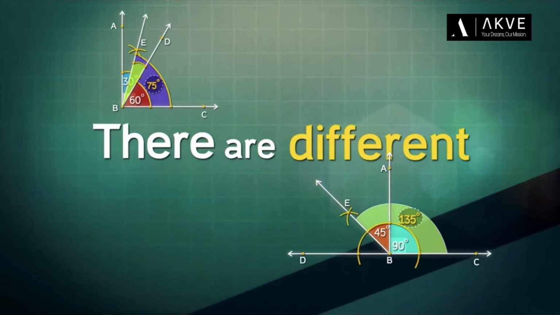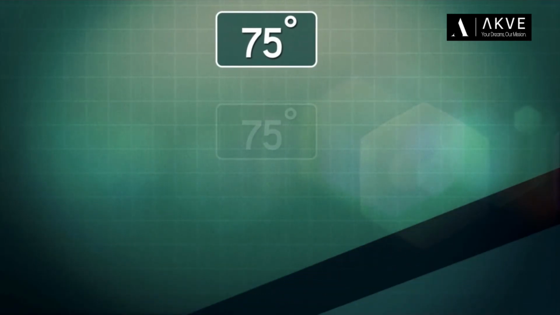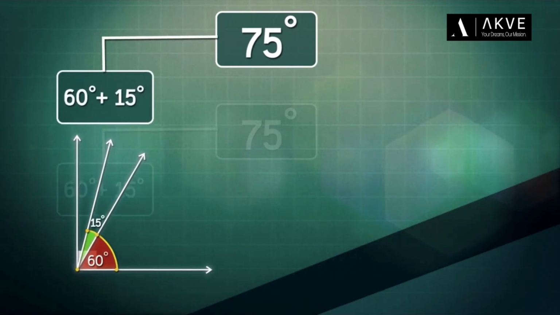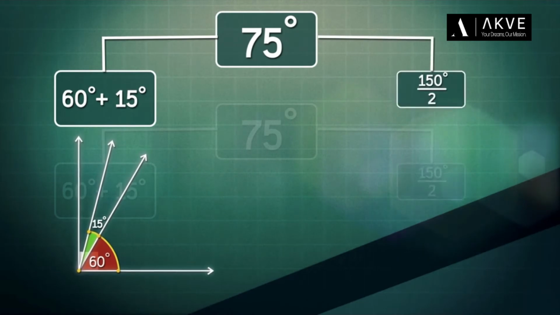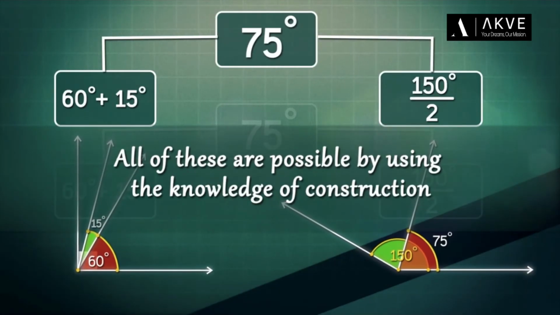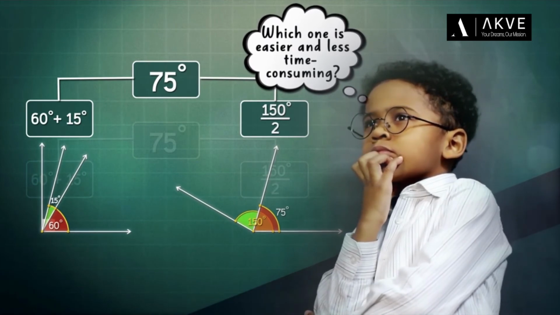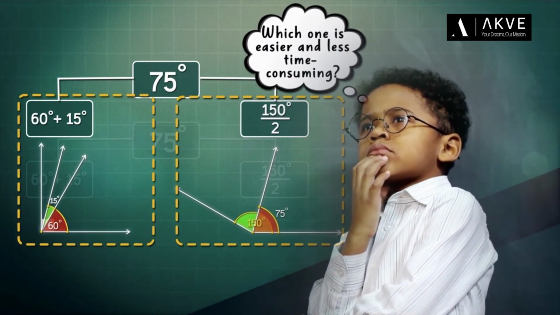There are different ways of drawing any angle. For example, an angle of 75 degrees can be drawn based on either 60 degrees plus 15 degrees or even by bisecting the angle of 150 degrees. All of these are possible using the knowledge of construction that we have. However, it is very important to understand which approach will take the least amount of time and also look the most presentable.